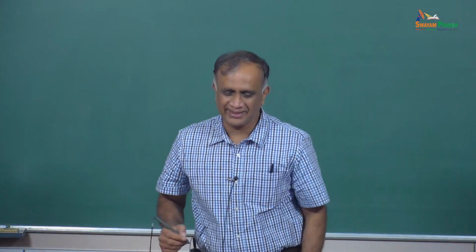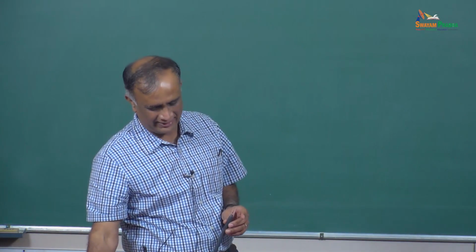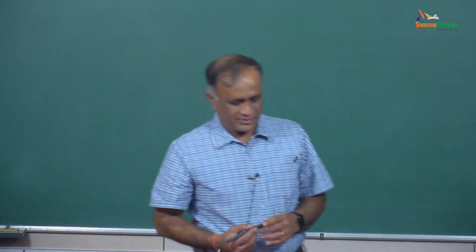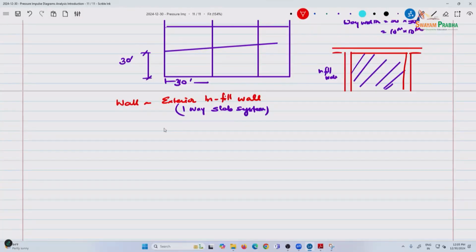So if it is a cantilever wall, you would take Rm as 2 Mmax by L. So this is a one-way slab system, and supported here and here.